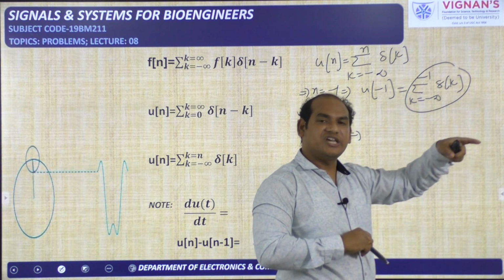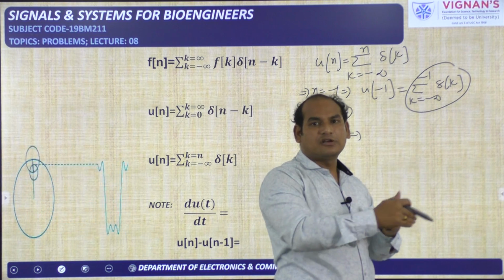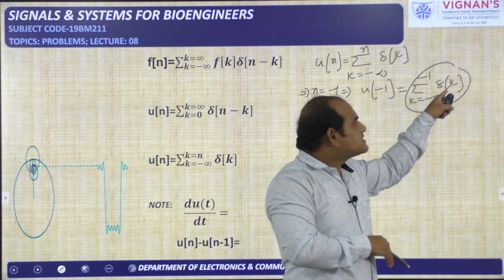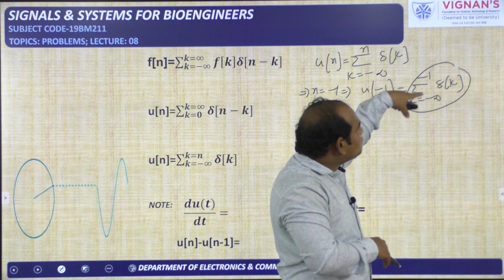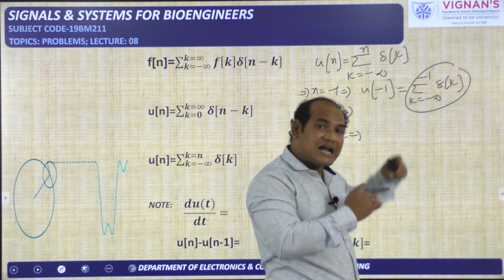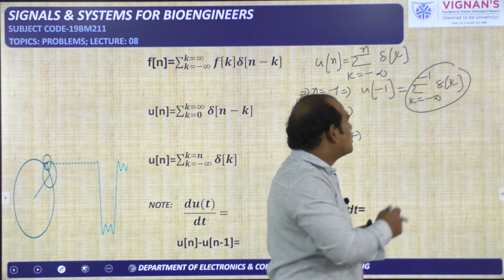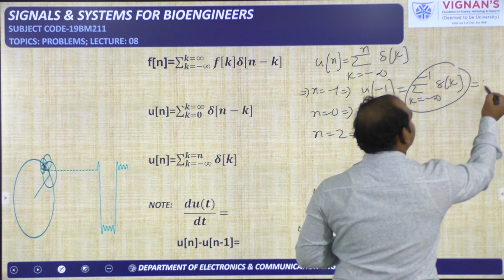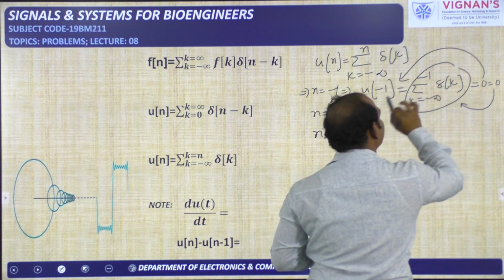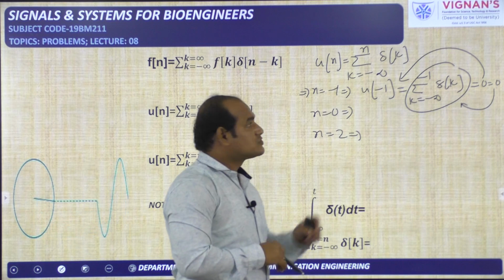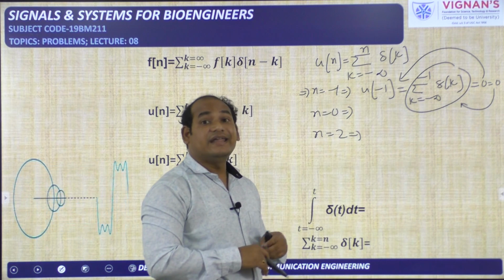The independent variable is now changed. Generally we say del of n, now it is del of k. So this impulse is available at k is equal to 0, but you are doing the summation from minus infinity to minus 1 only. You are not meeting k is equal to 0. So its value is 0 only, 0 is equal to 0. This 0 is for this one, this 0 is for this one. So both are equal. So satisfied. So this equation is valid for negative values of n.